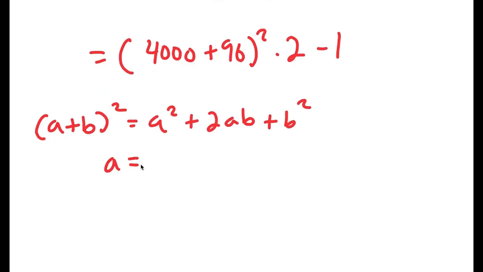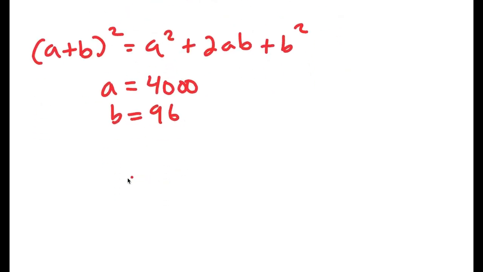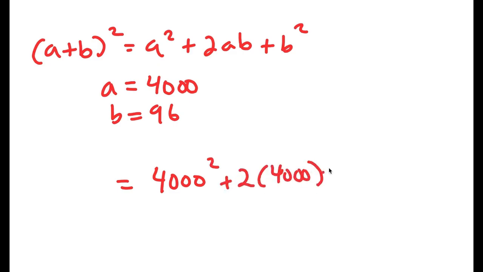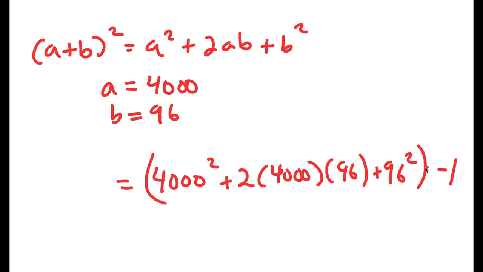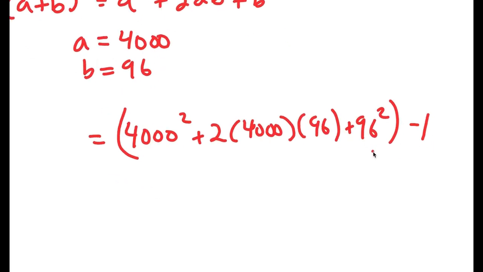In this case, a is 4000 and b is 96. So this turns into 4000 squared plus 2 times 4000 times 96 plus 96 squared. Oh, sorry, all of this times 2 minus 1.